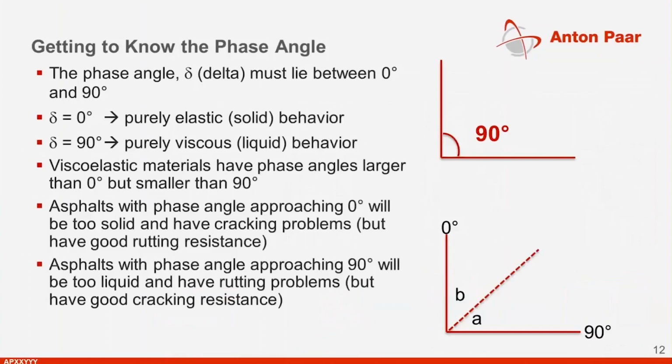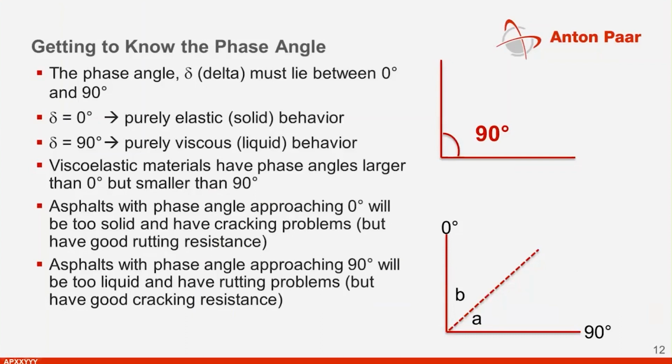So the phase angle delta always lies between 0 degree and 90 degree. And viscoelastic materials have phase angles which are larger than 0 degree, but smaller than 90 degree. Our asphalt binder or our bitumen approaching 0 degree usually are too solid at a measured temperature and can have problems with cracking.